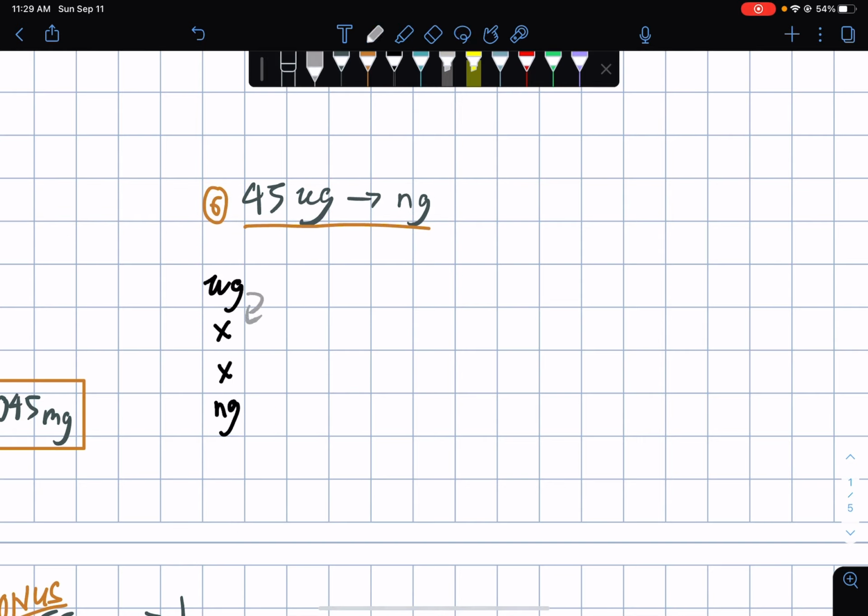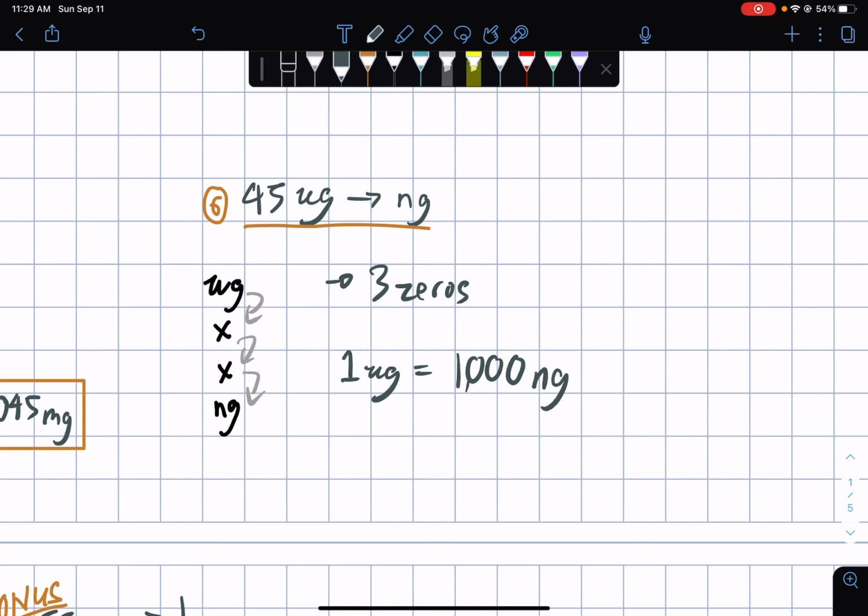So from microgram, 1, 2, 3. The distance between each other is 3 zeros. So our higher unit is the microgram. So 1 higher unit, which is microgram, is equal to 1000, 3 zeros as stated here. Then we enlist the unit nanogram. So 1 microgram over 1000 nanogram is equal to 1000 nanogram over 1 microgram.